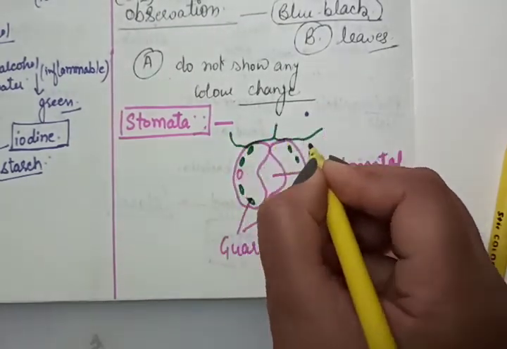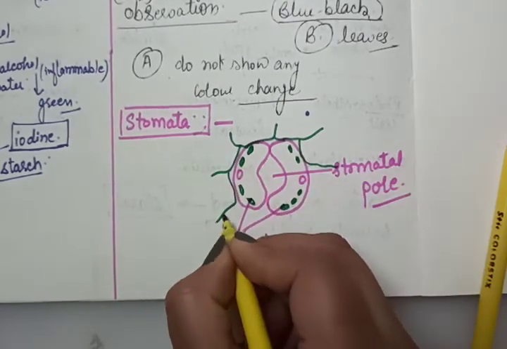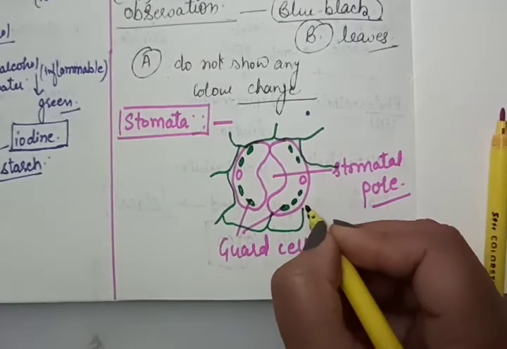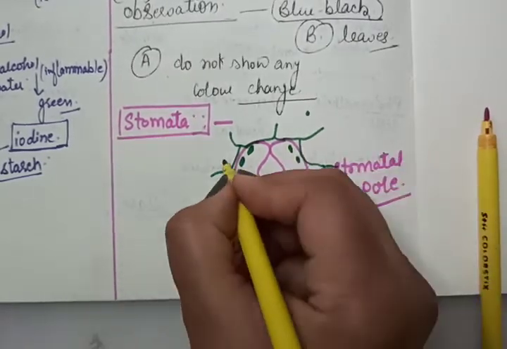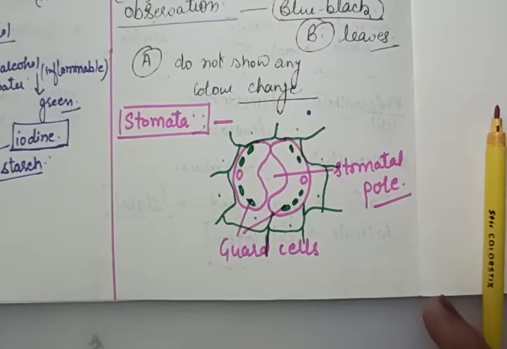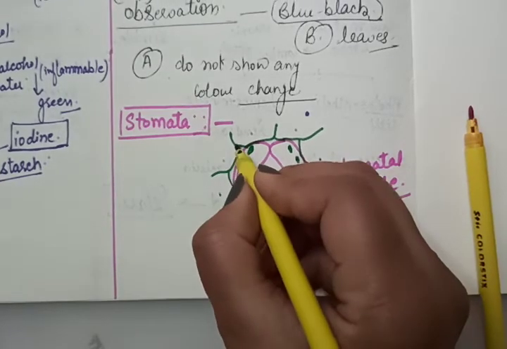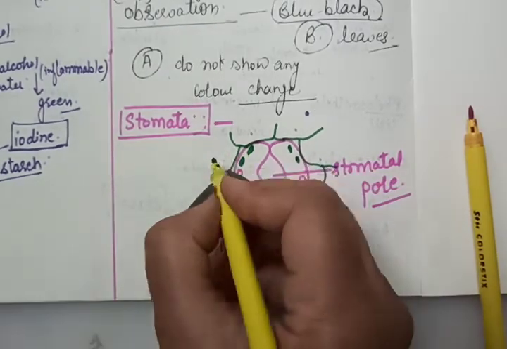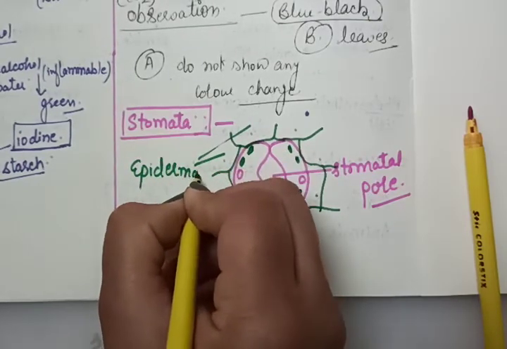In your book this kind of diagram is given. These are the epidermal cells. They have the nucleus, but they don't have any chloroplast. Epidermal cells means the cells of the epidermis.